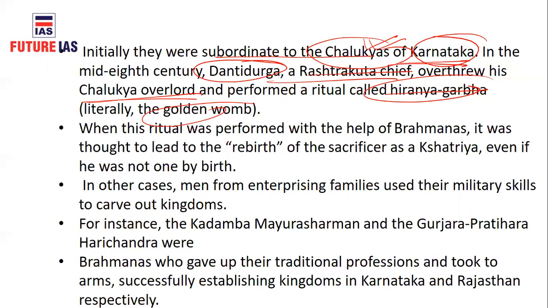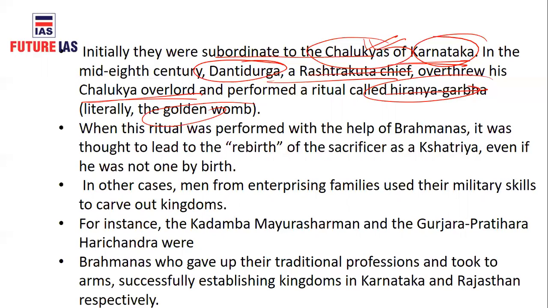When this ritual was performed with the help of Brahmanas by Danti Durga, it was thought to lead to the rebirth of the sacrificer as a Kshatriya, even though he was not one by birth. It has certainly led to the rebirth of the sacrificer as a Kshatriya, and though he was not a Kshatriya by birth, it has transformed him into a Kshatriya.